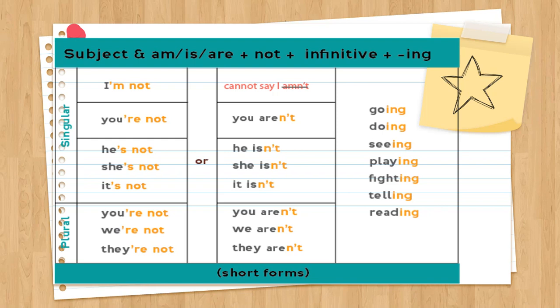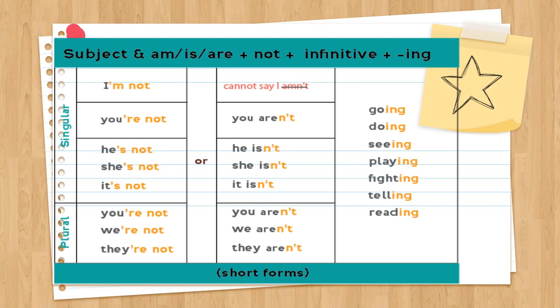We're not, we aren't. They're not, they aren't. They are not reading, they are not telling, they are not fighting, they are not playing. They aren't doing the homework, they aren't doing the assignment. You can practice these forms in this way, students.